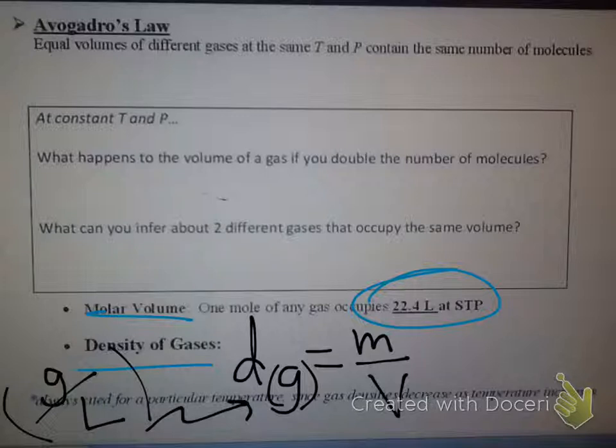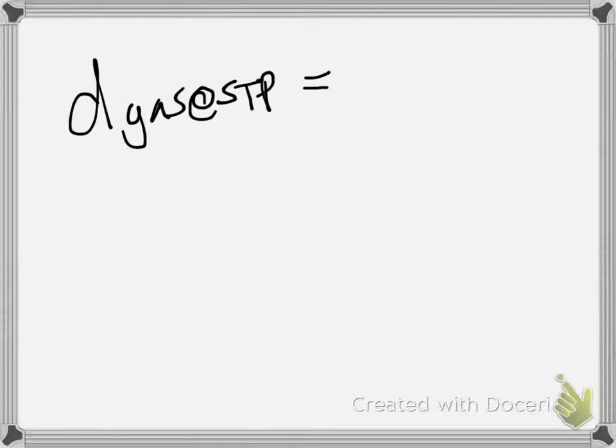Now, let's talk about the density of a gas if you have 1 mole of gas. The density of any gas at STP. So what happens if your gas is at standard temperature and pressure? Well, if you have 1 mole of gas at standard temperature and pressure, you automatically know the molar volume of that gas.